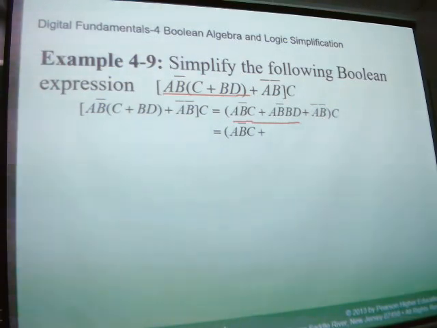Because the values of B and B bar are inverted. If B equals 1, then B bar equals 0. If B equals 0, then B bar equals 1. So we can write like this: A and 0 and D plus A bar, B bar, and C.